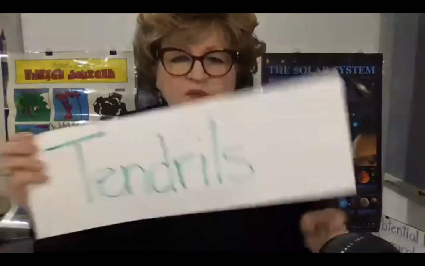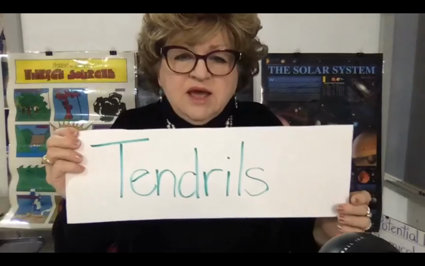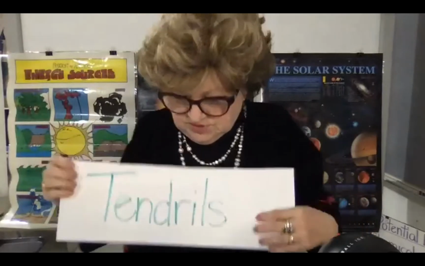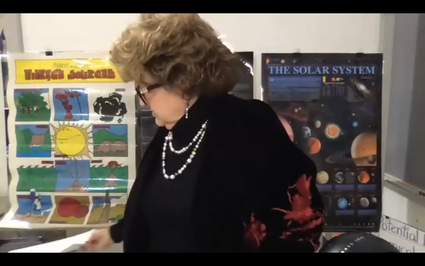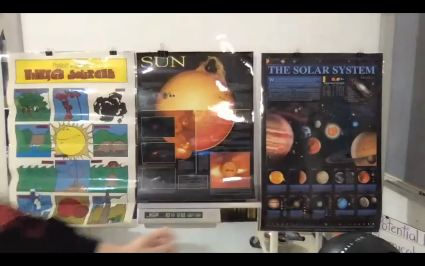Okay, the next example, tendrils. Now, I don't know if you've ever noticed this or not, but some plants have these little tiny spirally things, and you'll see them attached to a fence or maybe to another plant. I have a wild grapevine here. And what do we have here?